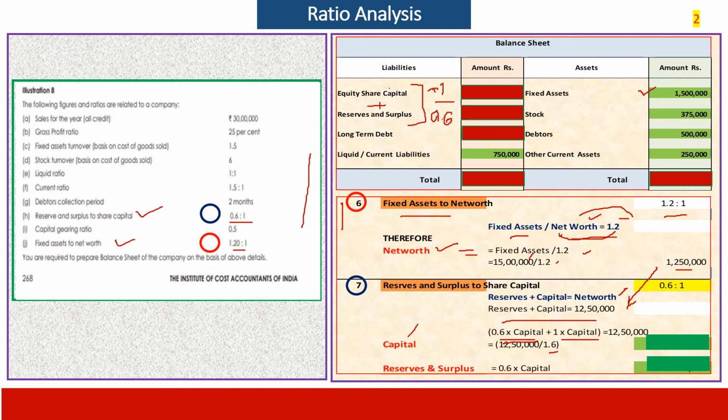Capital equals 12,50,000 divided by 1.6. If we divide by 1.6, what we get is 7,81,250, which is capital.